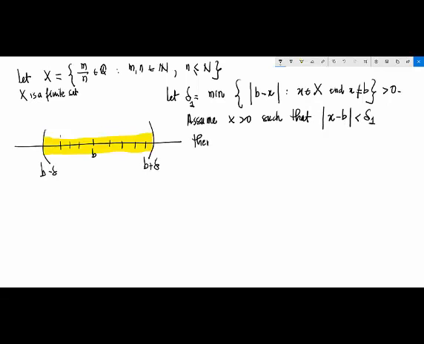Then the absolute value of h of x minus h of b will be h of x minus 0, which is the absolute value of h of x. Notice that in any case, whatever this number is, it must be less than 1 over big N. If x is an irrational number, it must be 0.